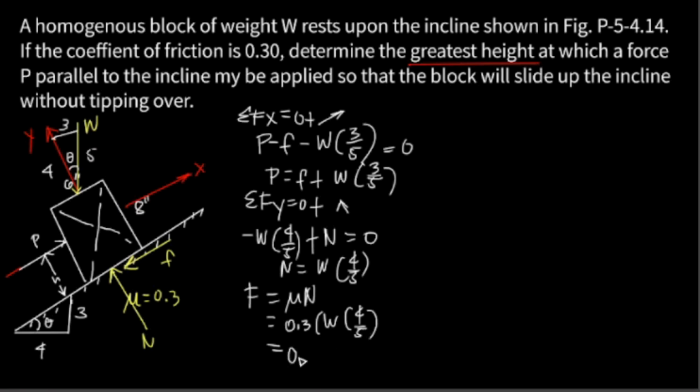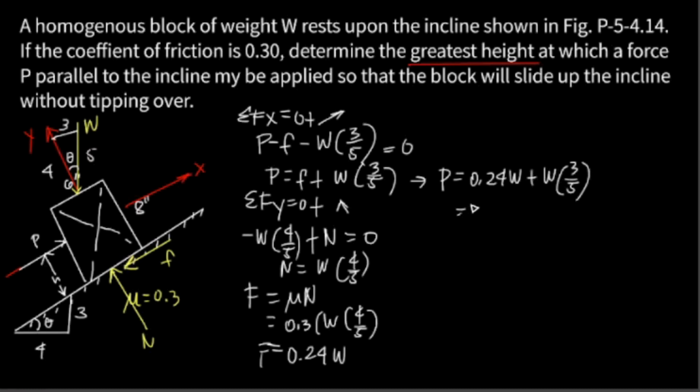So, 0.24 W. We can input this here because this is our F. From this, we get that P is equal to F, which is 0.24 W, plus W times 3 over 5.